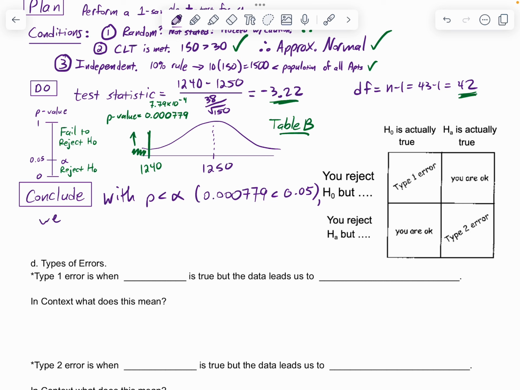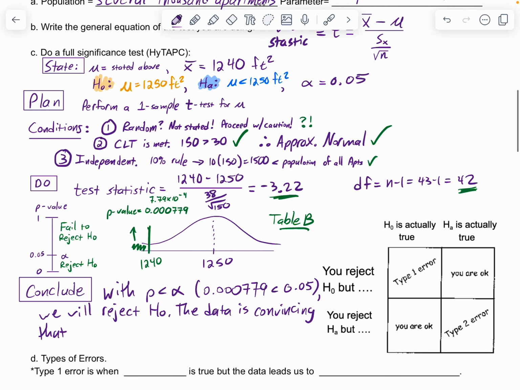We will reject the null. The data suggests, the data is convincing or significant, any of those phrases, that what? That the alternative is true.